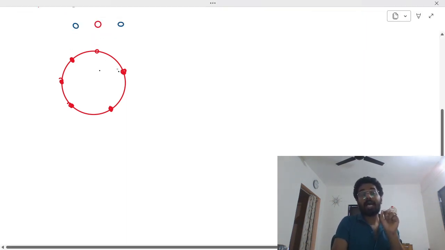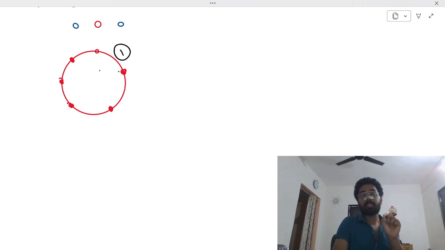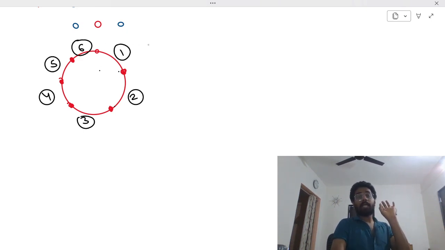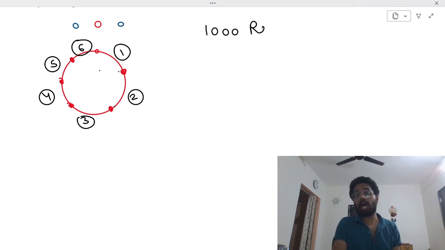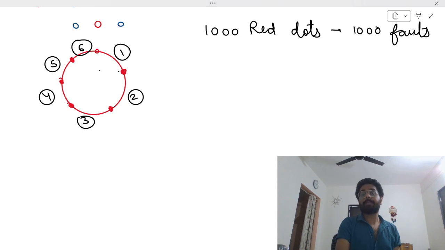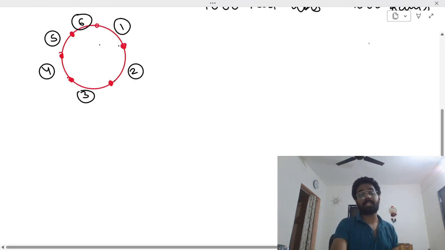So these two are adjacent, one fault; these two, second, third, fourth, fifth, and sixth. Means if we have 1,000 red dots, we are going to have 1,000 faults. Now we have to get an answer lesser than this.